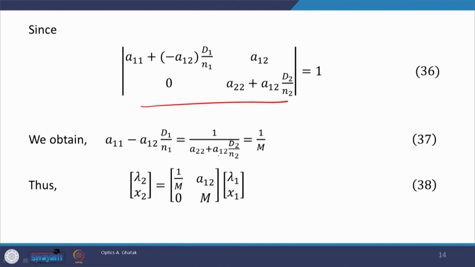Then what we get is the following: this expression is equal to 1 by this expression. But this term is equal to magnification. Therefore, we can write 1 by (a22 plus a12 d2 by n2) is equal to 1 by m. M is nothing but your magnification.